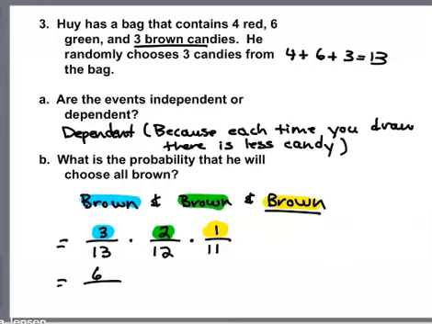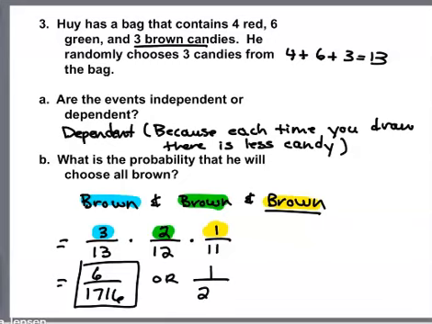And then we have 13 times 12 times 11, which is 1716. So we can leave it like that. Or if we reduced it, we could divide the top by 6 and the bottom by 6. 1 over 286.